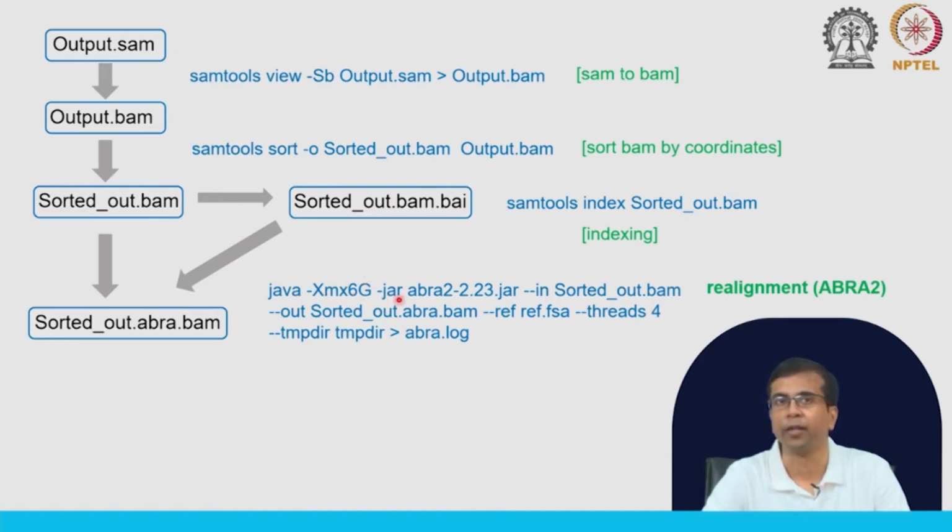Then we call the program, version 2.23, and specify the input file name, the output file name, and the reference file name, which is the reference sequence. Then the number of threads that you will use to run on the processor of the computer. Then we also created a temporary directory, and that is where the log will be generated.